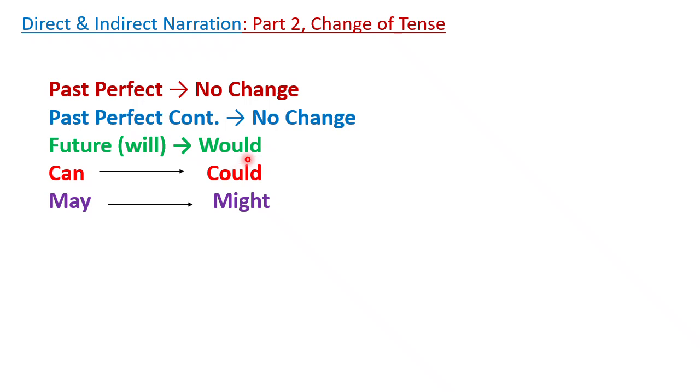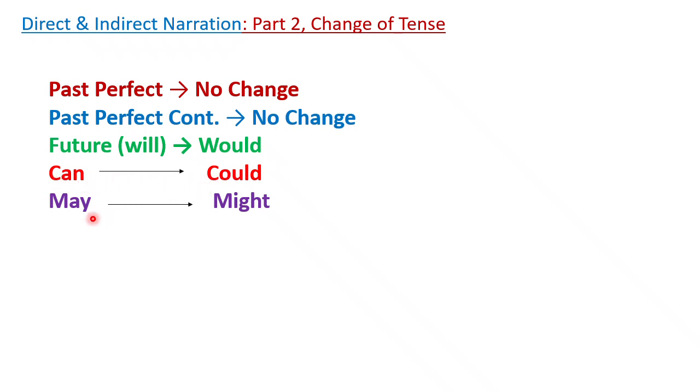Yes, will is changed into would. For example, the pilot said, "I will fly the plane." So it will become, the pilot said that he would fly the plane, right? So he is the change of pronoun, and would is the change of verb. So will is changed to would. I can, so it will become he could, right? Can will be changed into could.